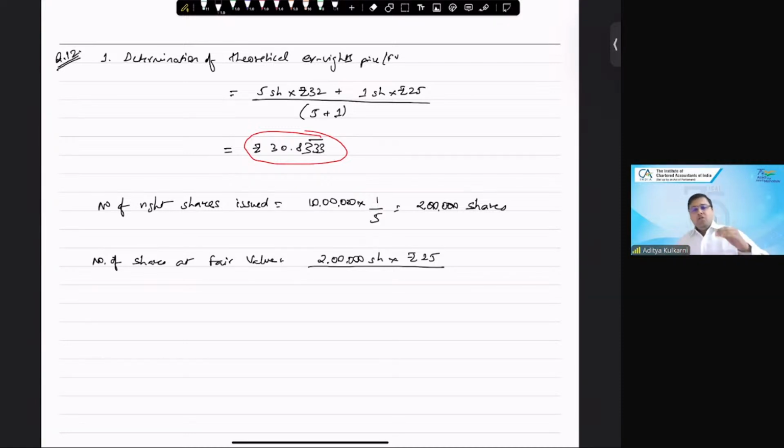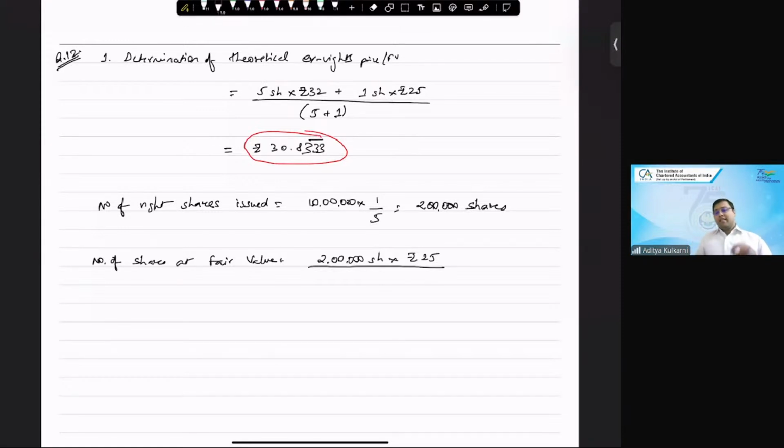See, before the rights issue, you have the market price as 32 rupees. So for every 5 shares of 32, you are introducing one share worth 25 in the market. Yes or no? Yes, sir. So therefore, now the 6 shares cumulatively have a value of 30.833 per share. Do you agree? Yes, sir.